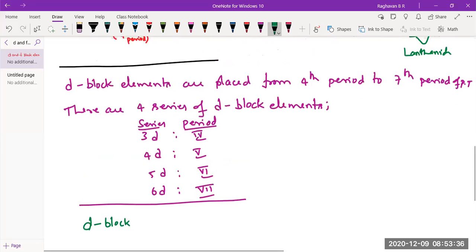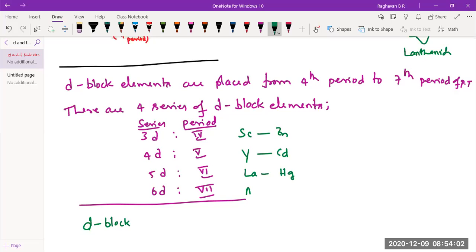You can write to have a little more complete information. You can add the elements also from start to end here. This is scandium to zinc, the 3D series. Yttrium to cadmium. Lanthanum to mercury.